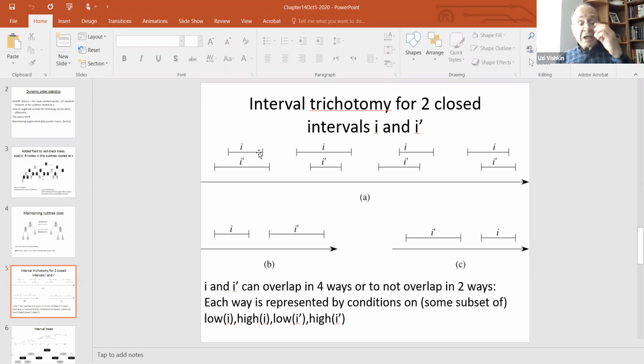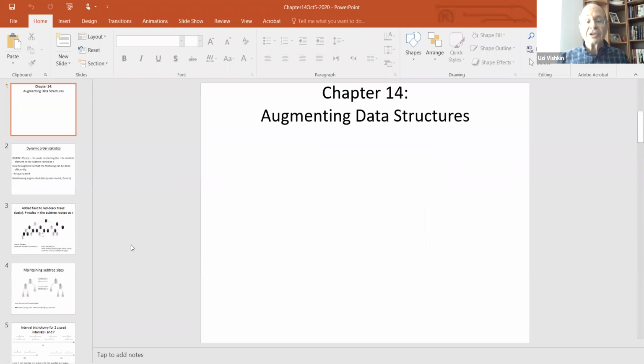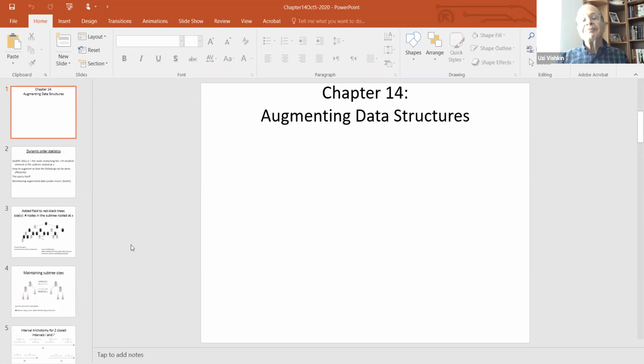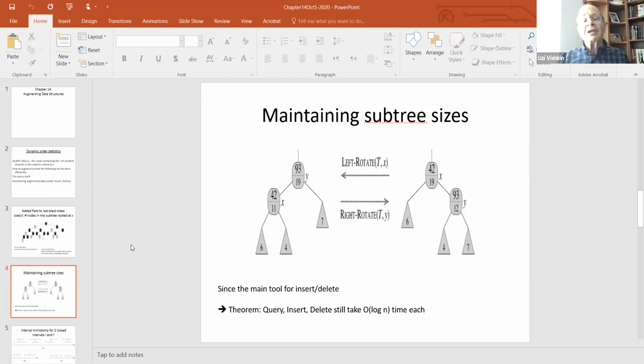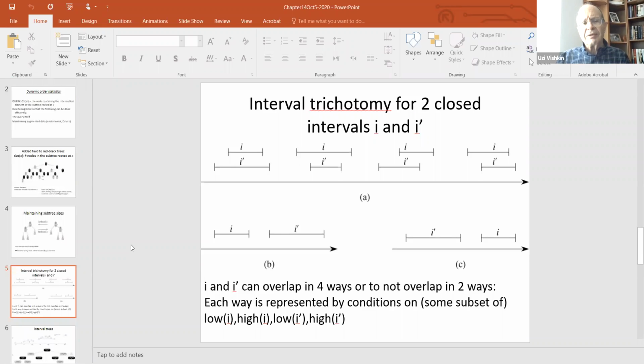So this is the type of augmenting data structure, remember the chapter in which we are, that we would like to reason about. So the new setting is a computational geometry setting. I would like to build a data structure where you give me a bunch of intervals, and if I give you another one, you will be able to tell me very quickly whether it intersects one of my existing intervals or not.